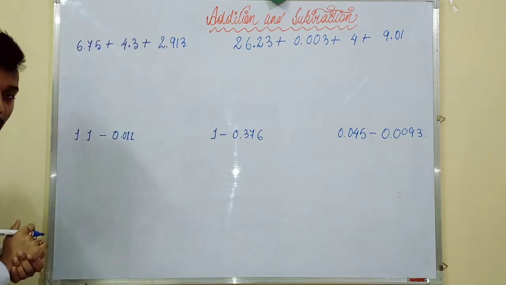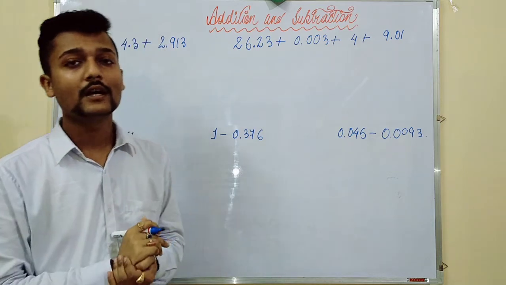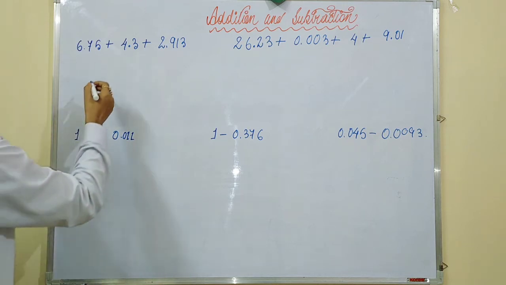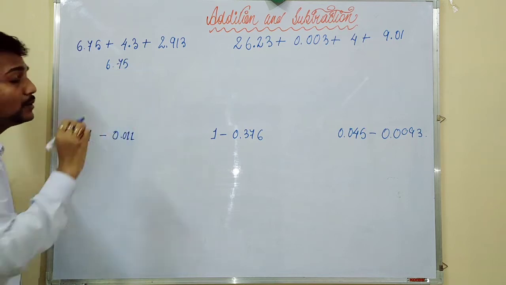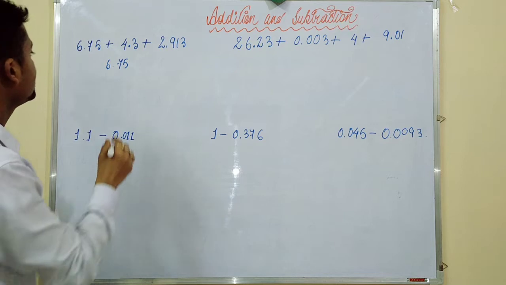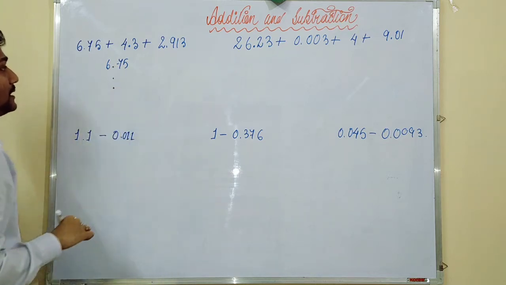I have chosen 5 questions, and accordingly I will be showing how to add or subtract given decimals. So this is the first one. 6.75. Here what you have to take into consideration is that the decimals should be below one another.